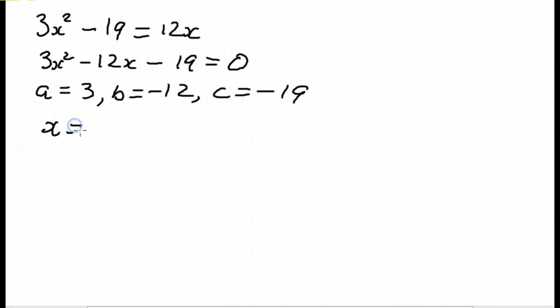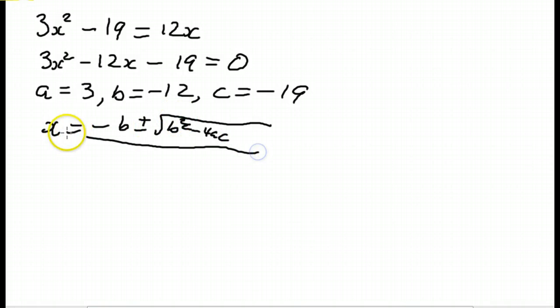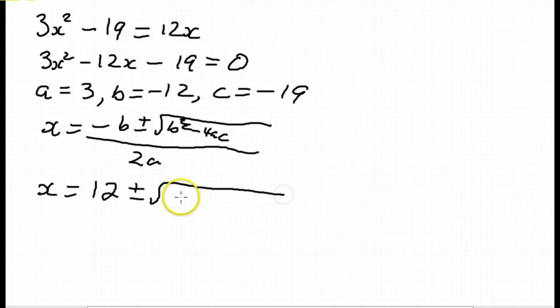The formula goes: x is equal to -b plus or minus the square root of b squared minus 4ac, not that I write all that well, all over 2a. Okay, substitute into the formula. So -12, you could write it as -12, I'm just going to write it as 12, plus or minus the square root of -12, I'm keeping this in brackets.